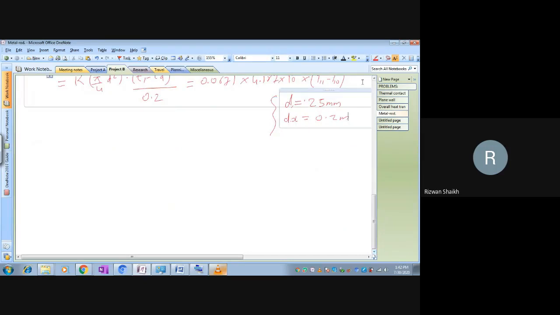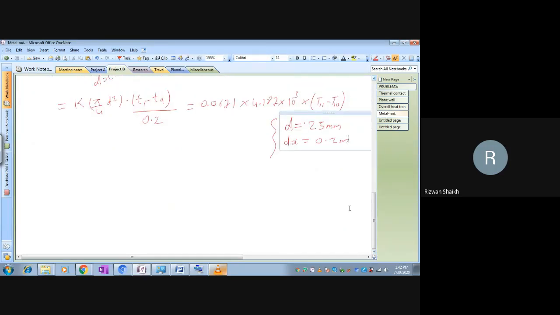Now if I resolve this, K is unknown here, pi by 4 d square, d is 25 mm, T1 and T9 are given in the observation table, and T11 and T10 are also given in the observation table.